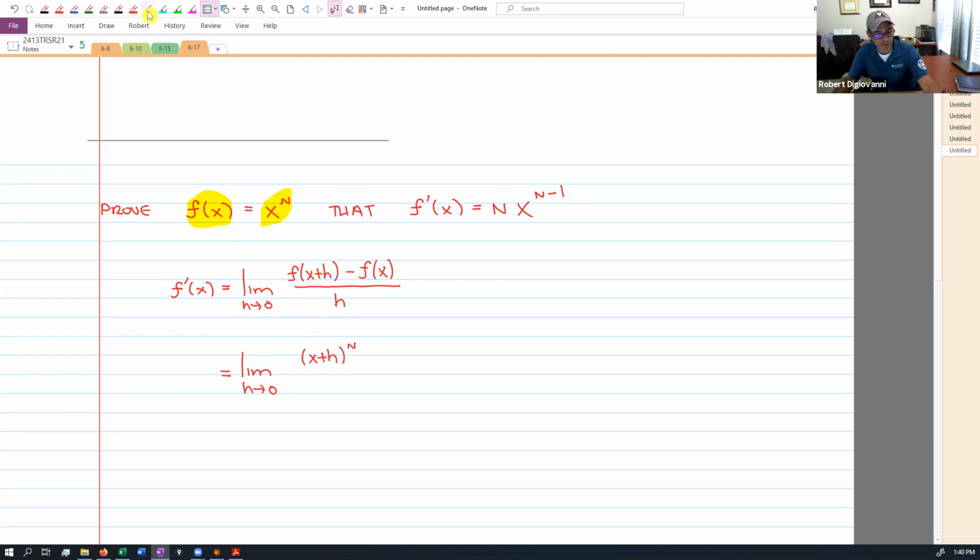That's what this top left is. Then we subtract from that f of x, but f of x is just x to the n power, and all of that over h. You following me?